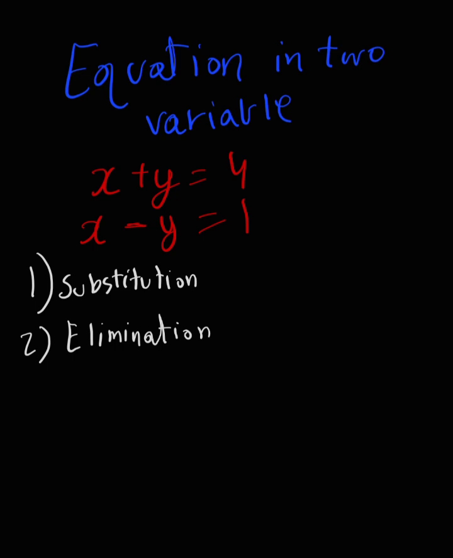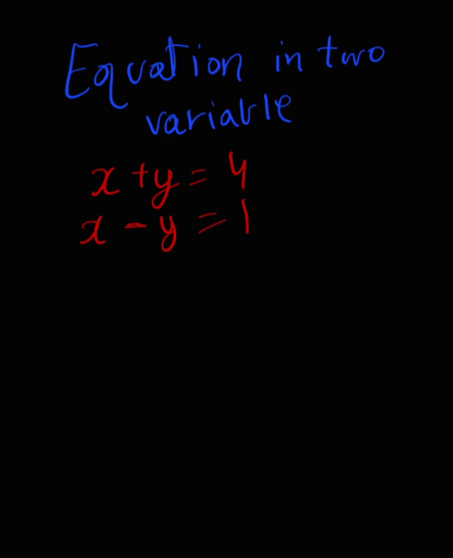So first we will look at the elimination method. How do we use the elimination method? In the elimination method, we have to eliminate one of the variables from the given equations. So we have equation number 1 and equation number 2.